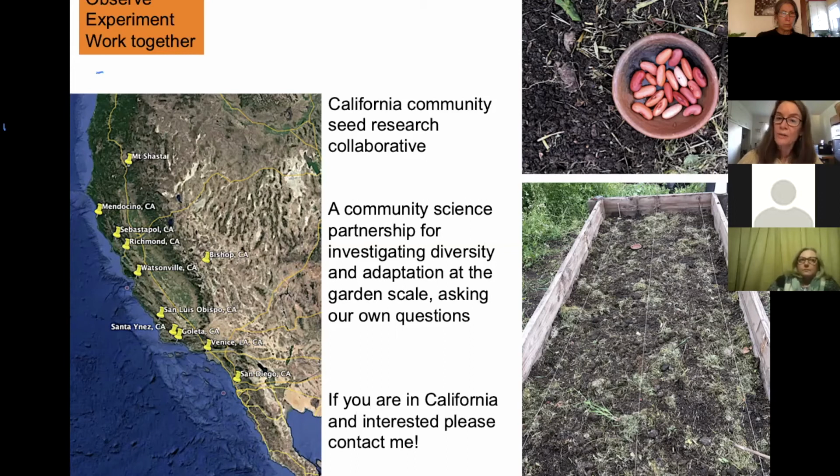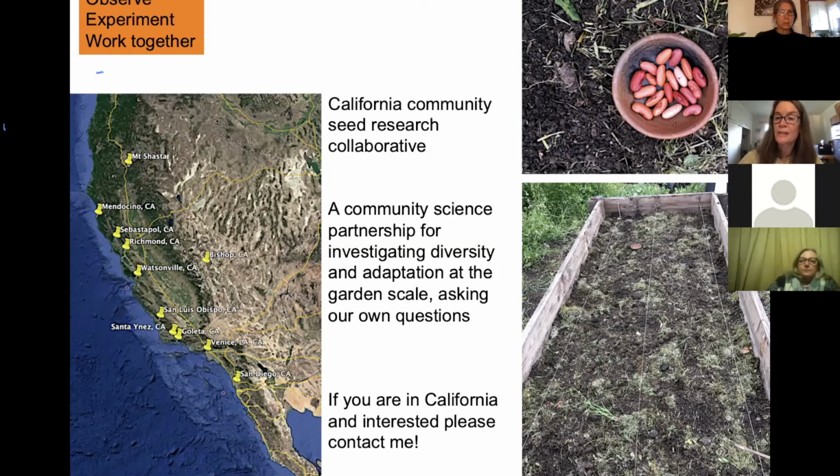And so they're not questions that come from research centers, and they're not questions that fit into the kind of experiments that formal scientists might typically design or conduct, but they're experiments that are designed specifically to answer community questions. And we have to figure it out as we go, and that's what we're going to be doing.